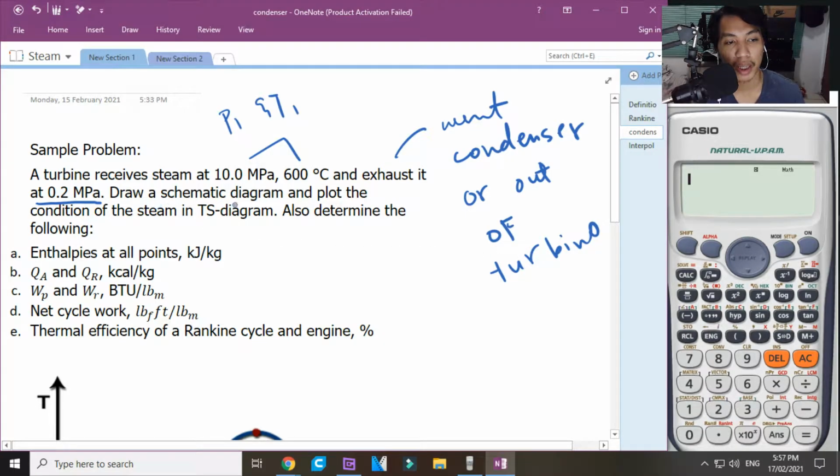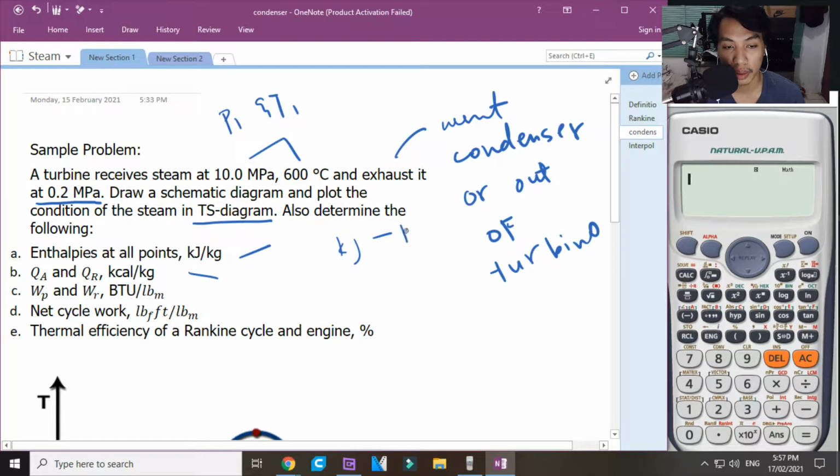Draw a schematic diagram and plot the condition of the steam in the TS diagram. Also determine the following. The enthalpies at all points, so that is 4. I think those are the 4 enthalpies you need. The QA and QR in kilocalories per kilogram. So we should know the conversion unit of kilocalories, kilojoule to kilocal.